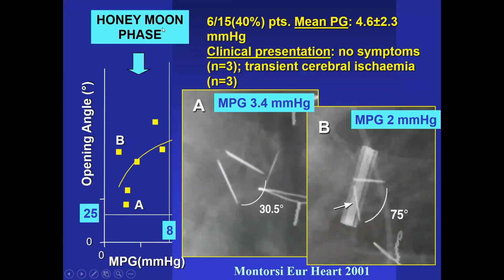This is a sort of honeymoon phase in which there are two situations. The first is quite obvious. The alteration is mild, and so the gradient is not important. But you may see in this second case that the mean gradient is 2, but one of the leaflets is completely stuck.